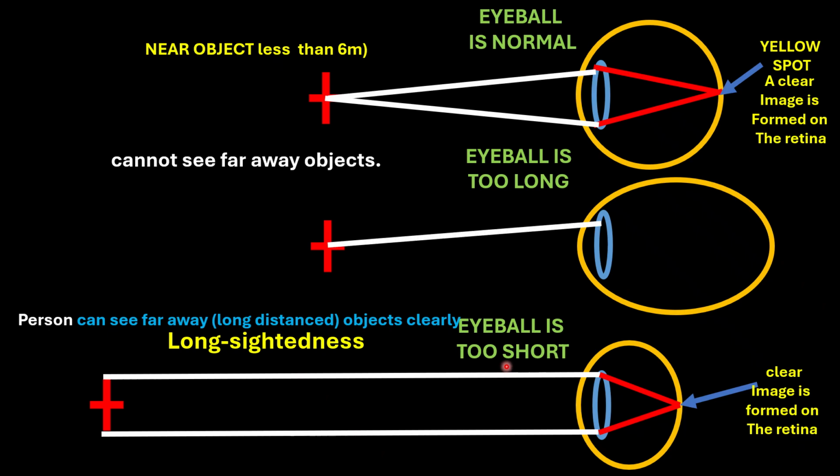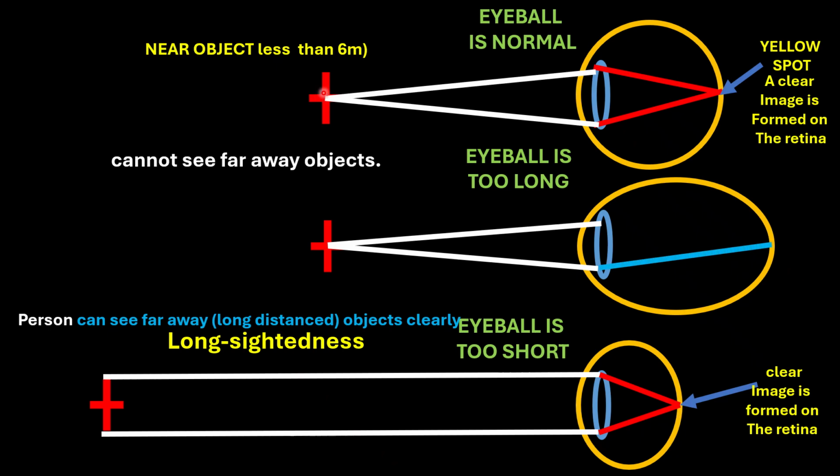The possible reason is because the eyeball is too short. So bringing an object closer becomes a disadvantage. But if you push this object far away, you can see that this image will form on the retina. As the object goes further away, the light rays will converge further away. It won't go behind the retina. It will come forward a bit and form on the retina, and the person can see.